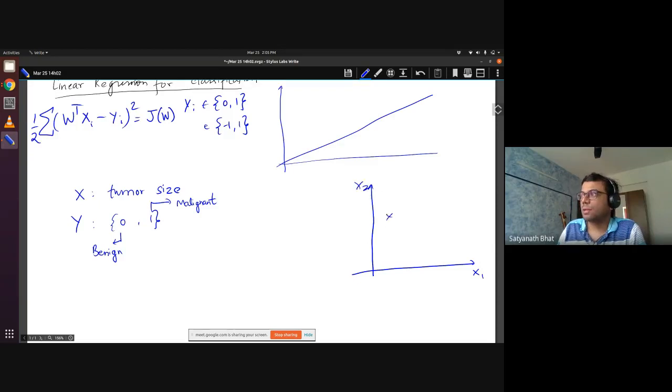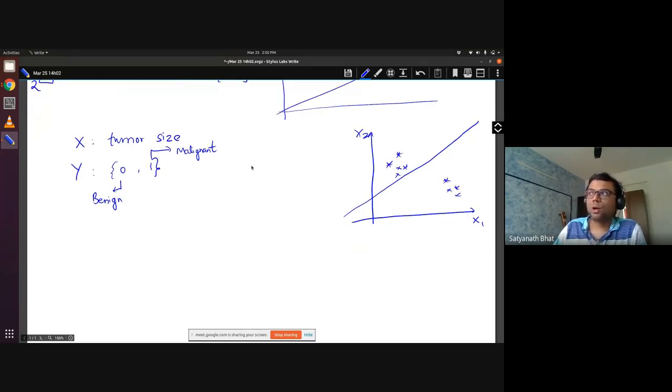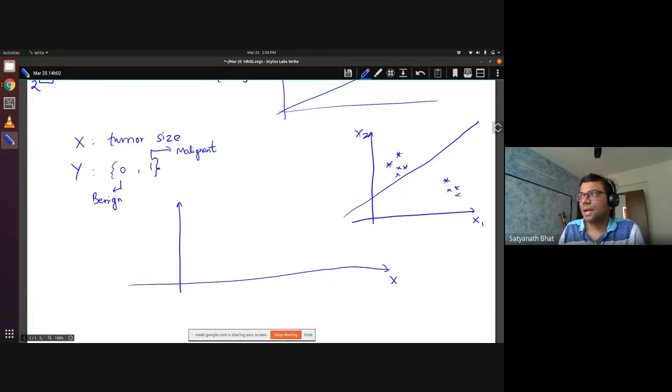Then you have a bunch of points like this, and a bunch of points like this. The hyperplane is required to separate them in this manner. What you are seeing here is completely the feature space. Now, what I am doing is I am trying to plot, on the x-axis, tumor size, and on the y-axis I am plotting the target. So I am also plotting the target.